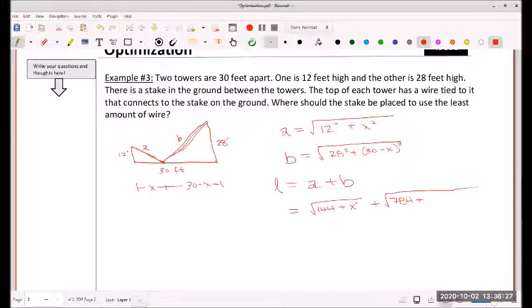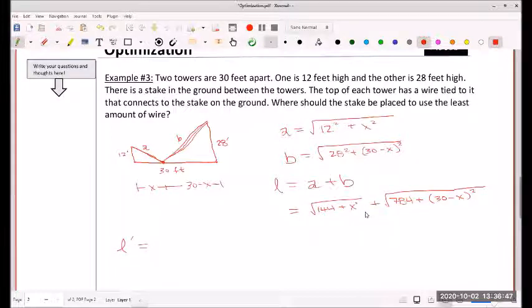I'll just leave that as 30 minus x squared. We don't need to FOIL that out yet. So now I have my model, the total length of wire in terms of a single variable x. So now I can use calculus and I'll find L prime.